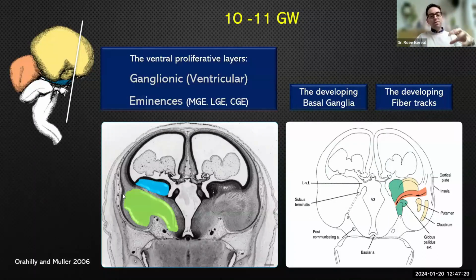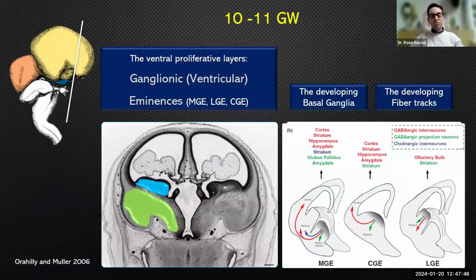On top of this area, we have two bulgings on both sides that also appear different on the histological sections, and they bulge into the floor of the lateral ventricles. This is why they are called the eminences, and you have three of them. These structures are extremely important because during early pregnancy this is the place of most proliferating events of the neuroepithelial cells before they embark on their migration.